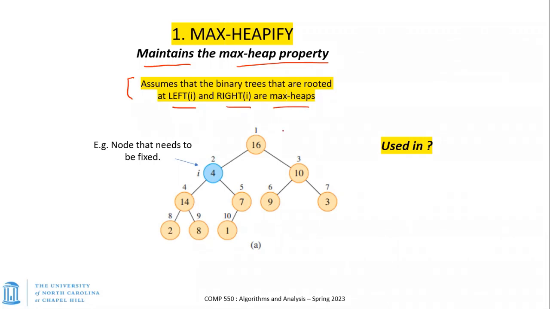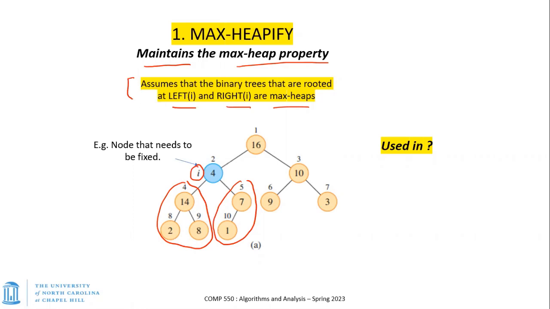So if you're talking about i being over here, for example, right? So we're saying that the trees in the left subtree and the right subtree are already max heaps. Okay, that's an assumption. So was this assumption made when we were doing a bubble up operation or a bubble down operation?